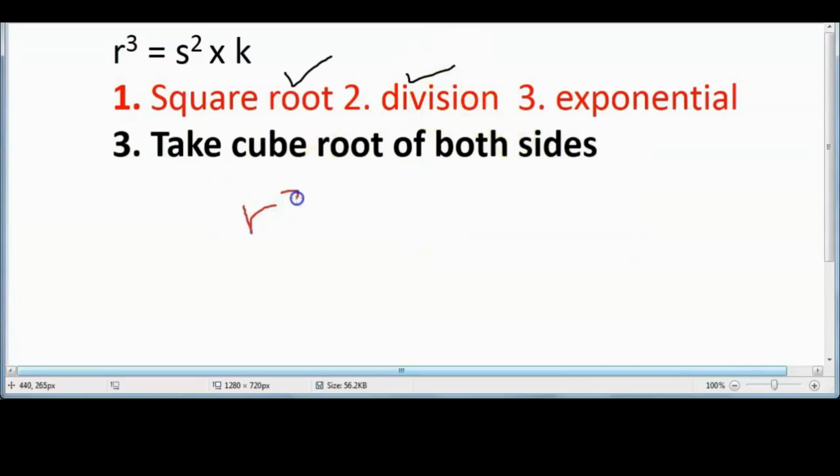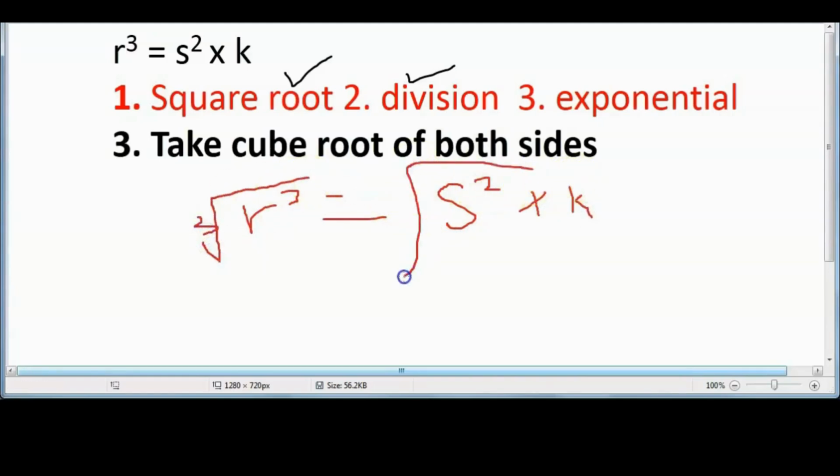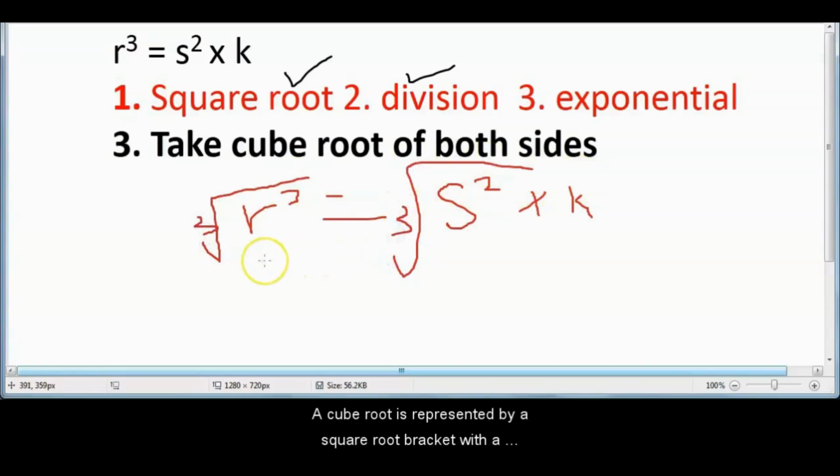R cube is equals to s square multiplied by k. A cube root is represented by a square root bracket with a number 3 attached to it.